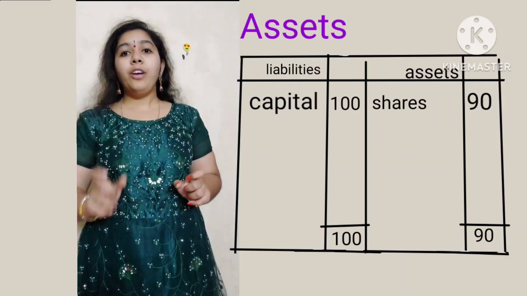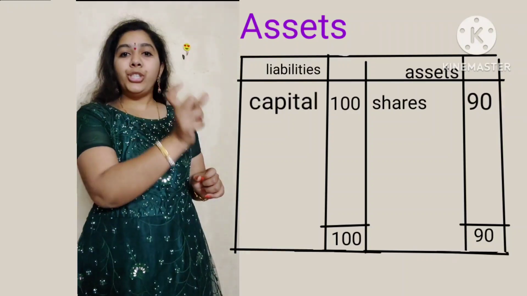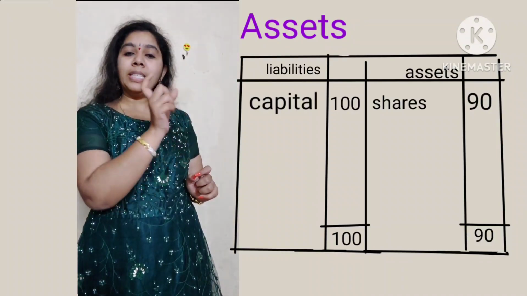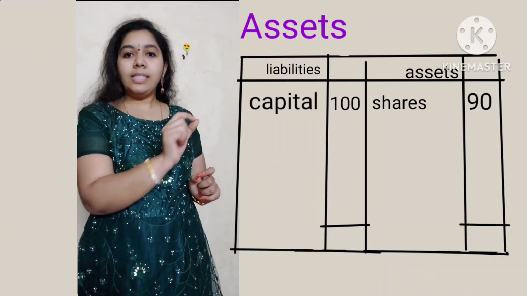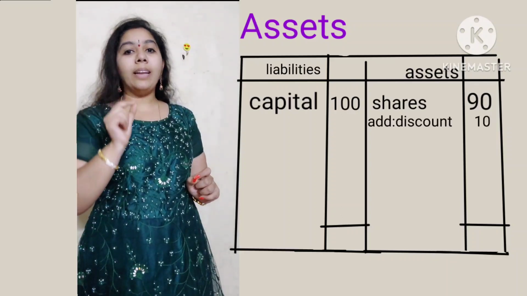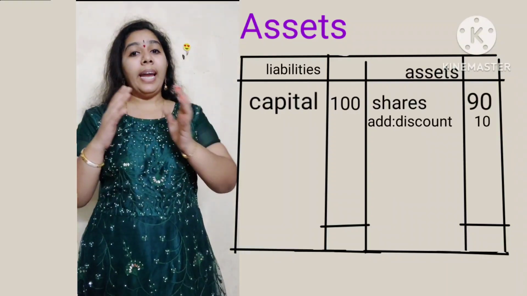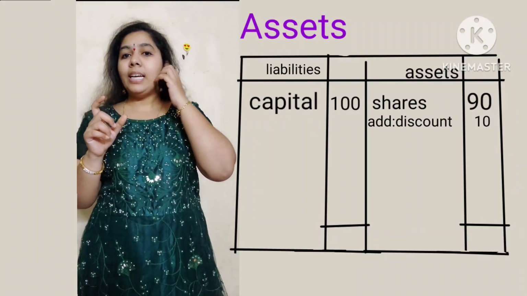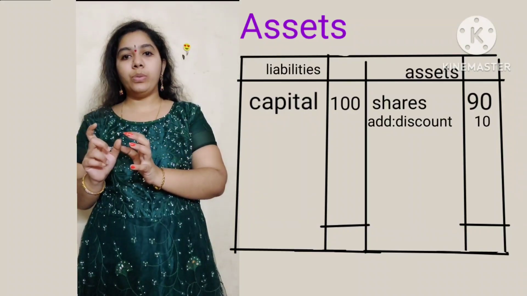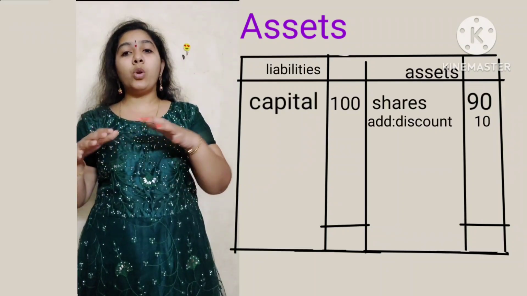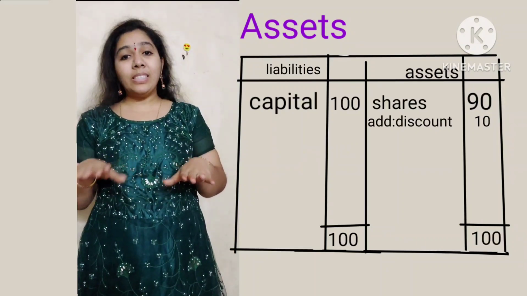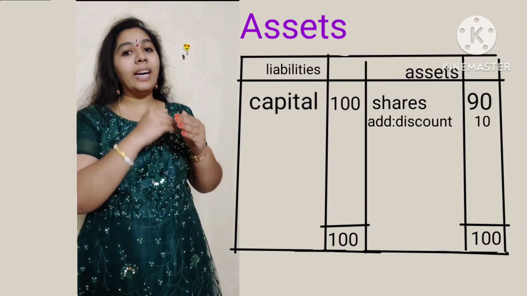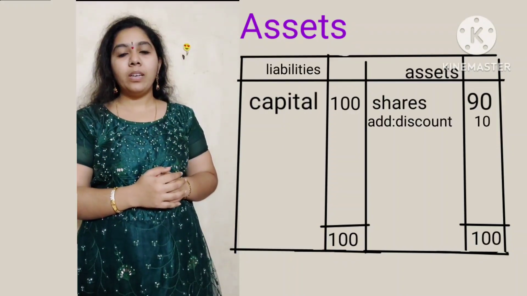So that's why we have to write the share value, and if any discount is given, we add that also. Why? Because in liabilities we are entering the complete share value of 100 rupees on the capital side. So to make debit and credit equal, we have to enter the discount also on the asset side. Right?